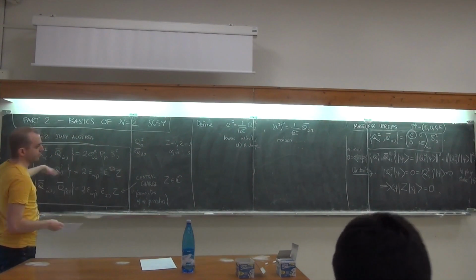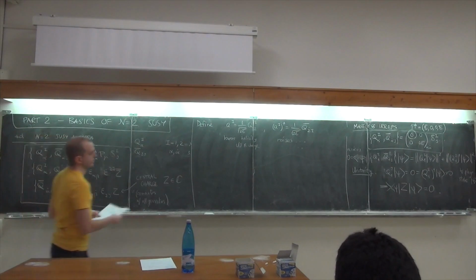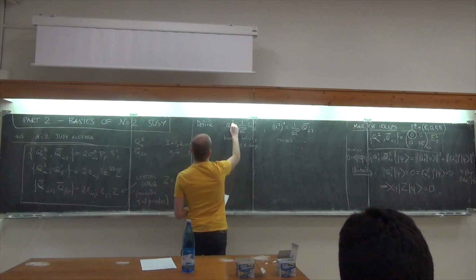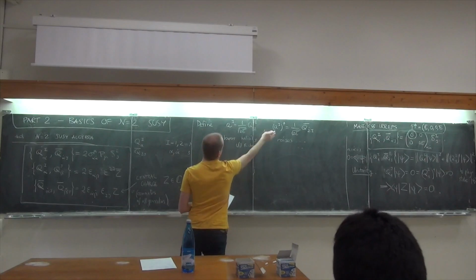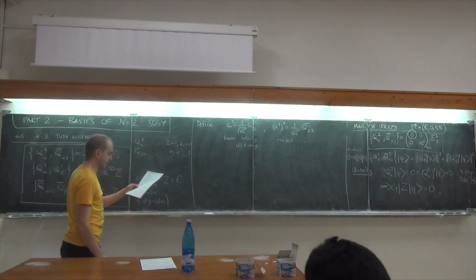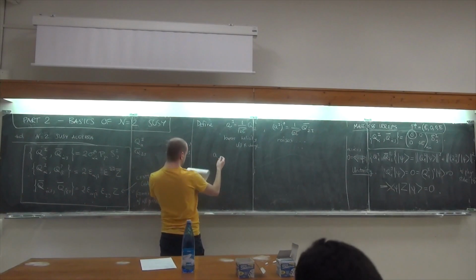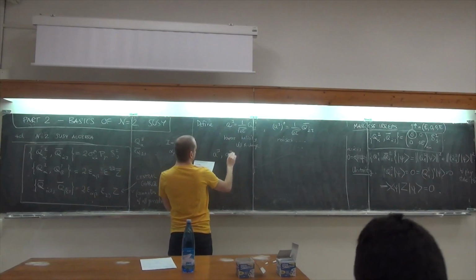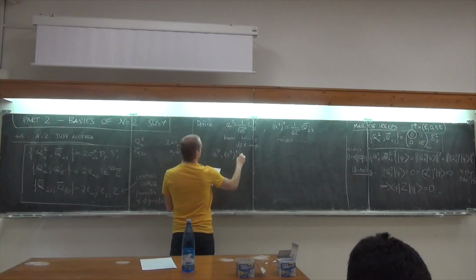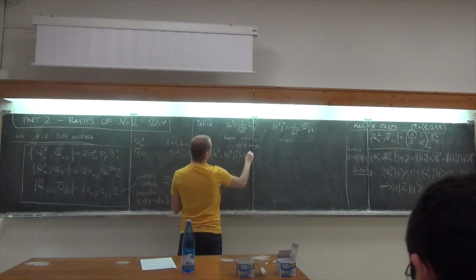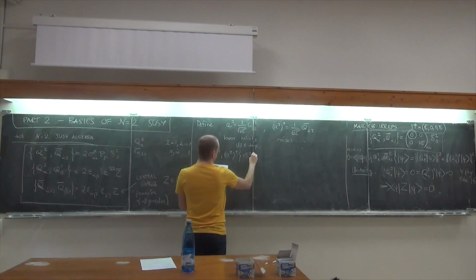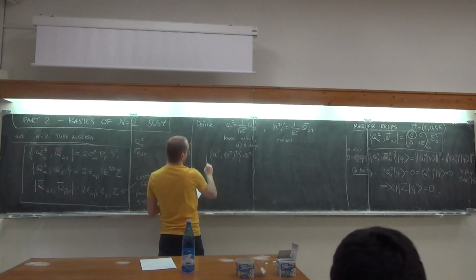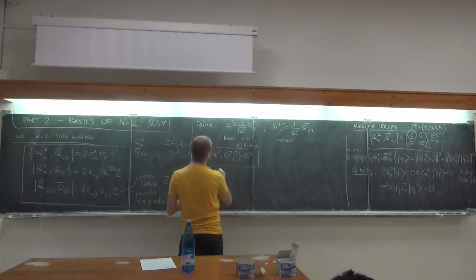And if we write the supersymmetry algebra in terms of these new oscillators A i and A i dagger, you'll see that it's very simple. It's just the anticommutator of A i and A j dagger is delta ij, and all other anticommutators vanish.